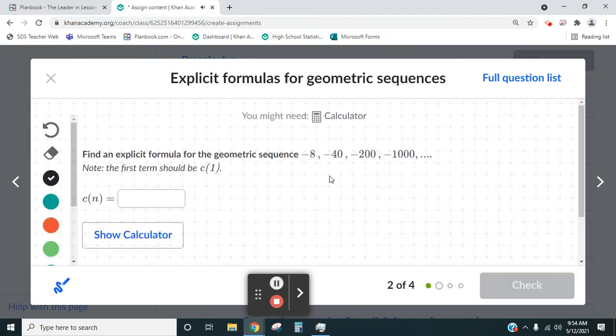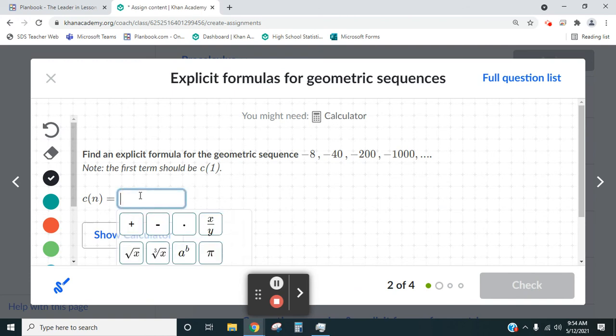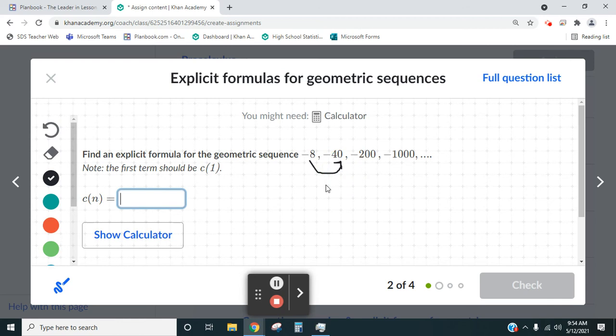Let's write the formula super fast. Ready? Write down those numbers. What's happening? Somebody tell me. Right, we're multiplying. Vocab. What's that called?